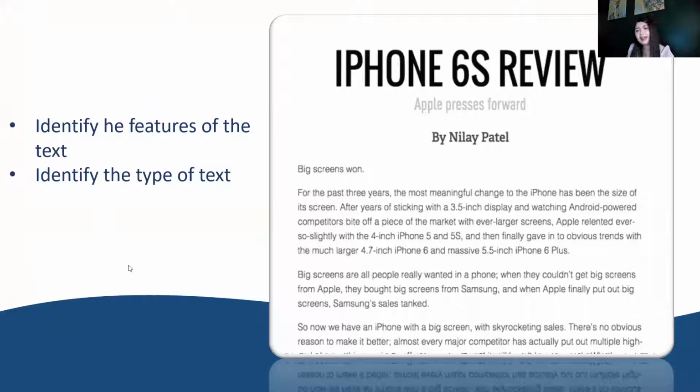There are titles in it. There's the title. What else do we see? A subtitle. The name of the author, and what else? Introduction. Yes, that's correct. And the body paragraphs.